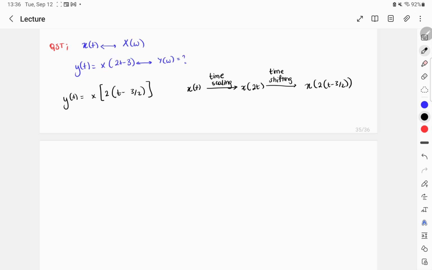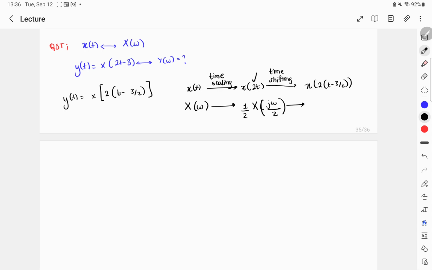Okay, and the Fourier transform of this time domain signal was X(omega). When we do time scaling, what do we do? It is written in our previous notes as well as on the graphs. We just multiply by 1 over the absolute value of the multiplied constant times X(j omega over this constant).